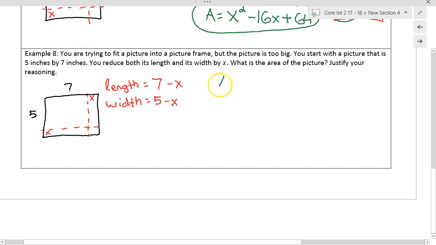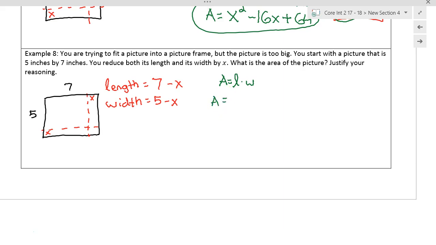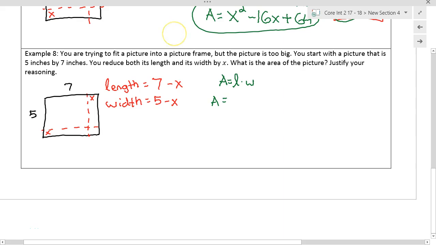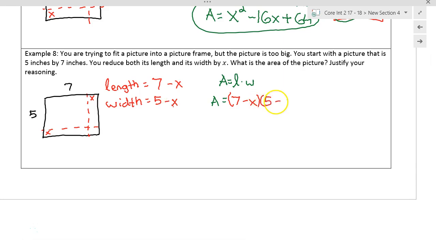Again, area equals length times width. So in this case, the area is going to equal, well, my length is 7 minus x, my width is 5 minus x. Now again, I'm just multiplying. Let's use the stacking method for this one.